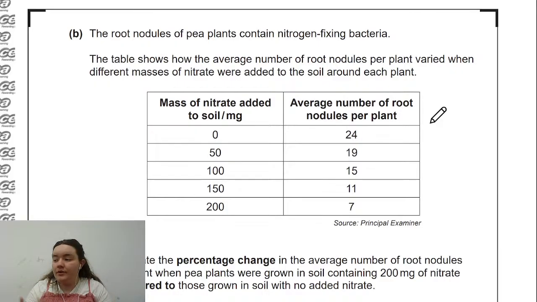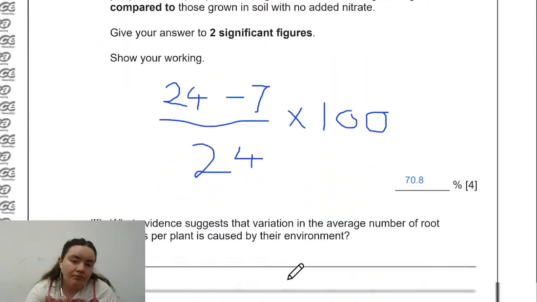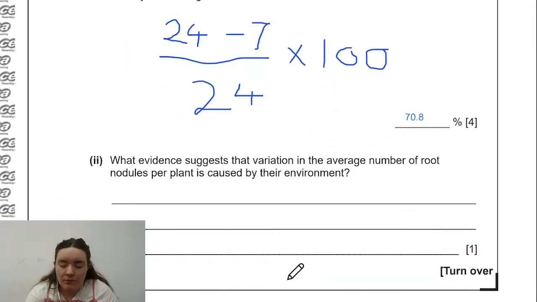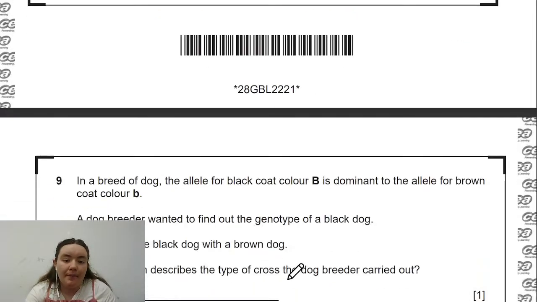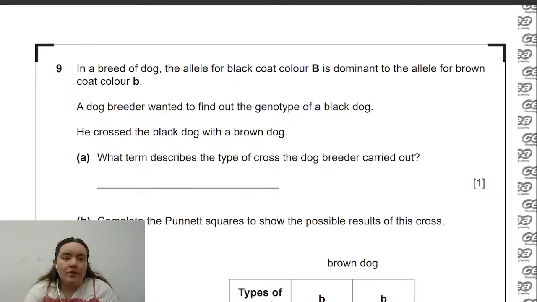Now it still needs nodules because it needs them in order to take up some of those nitrates, but it will make fewer and fewer the easier it is to get nitrates from the soil in order for the plant to make proteins. So basically the trend is quite consistent in that as we add more nitrates, the fewer root nodules there are.